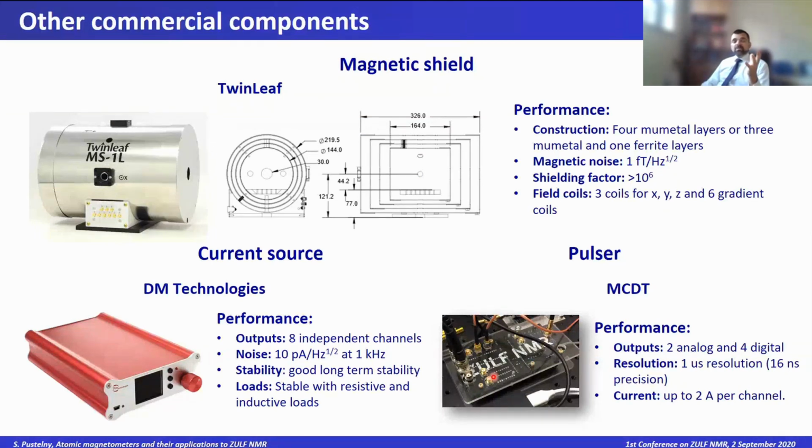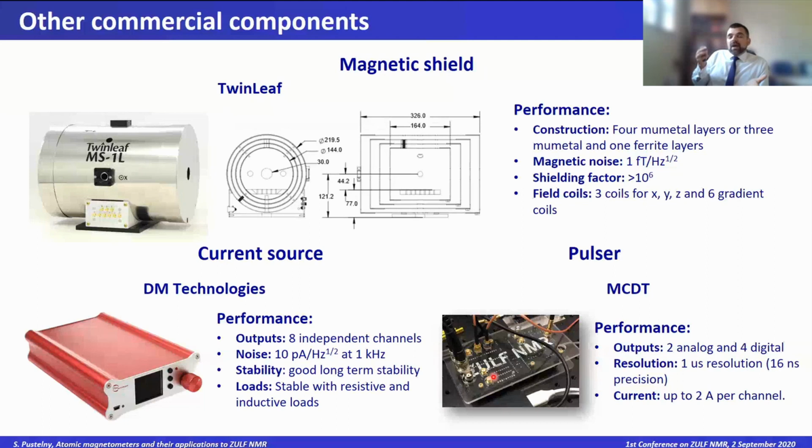You need, for example, a magnetic shield that isolates you from uncontrollable magnetic fields. You can buy this shield, once again from Twinleaf, who are doing something extremely nice. You buy such a shield, put your magnetometer inside, and you are more or less ready to detect.